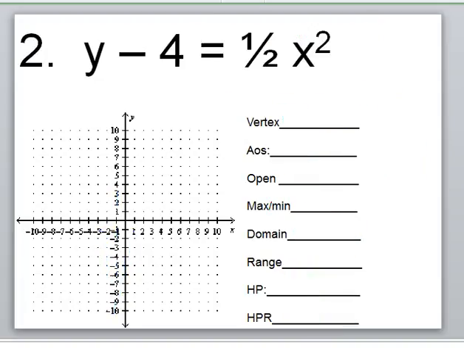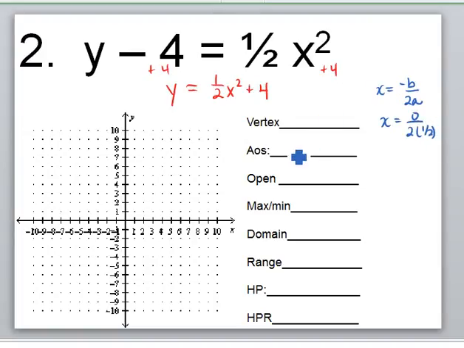In this next problem, I need to rewrite it first. So I'm going to add the 4 to both sides. So I end up with the equation y equals 1/2 x squared plus 4. Off to the side, I'll figure out my axis of symmetry. My b value is 0. My a value is 1/2.